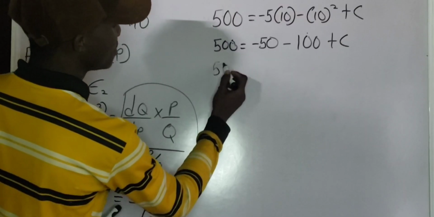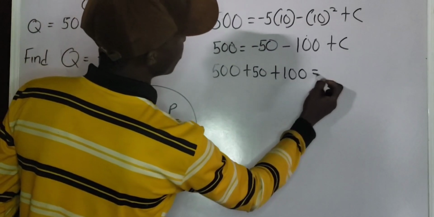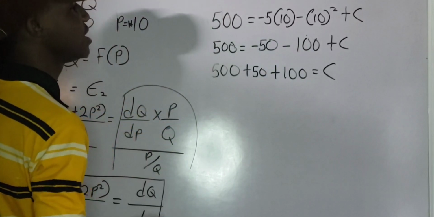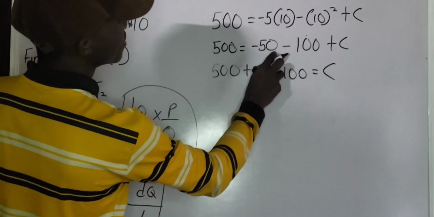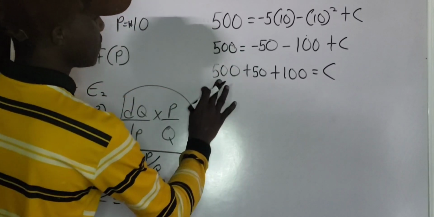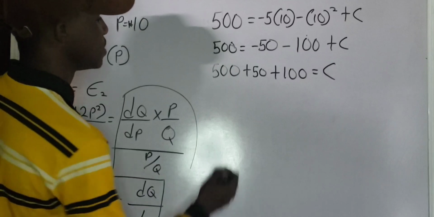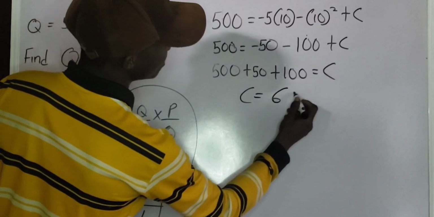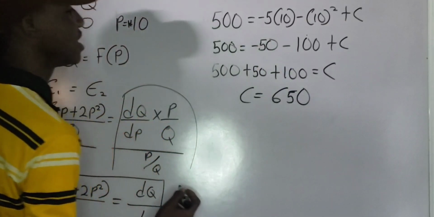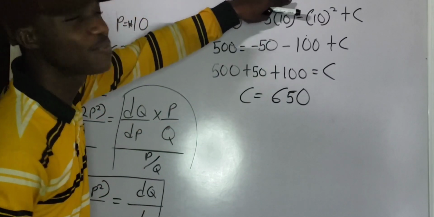I'm going to have 500 plus 50 plus 100 is equals to c, because if both negative 50 and negative 100 cross the equals to sign, they are going to change to positive. Do you understand? So 500 plus 50, that's 550. 550 plus 100, that is 650. So c is equals to 650. So the next step is that I'm going to substitute the value of c into the demand function.